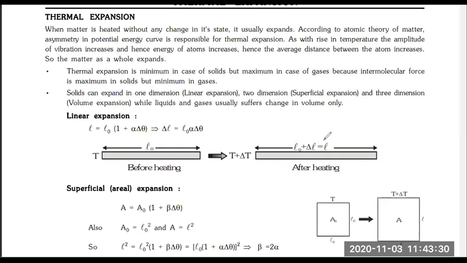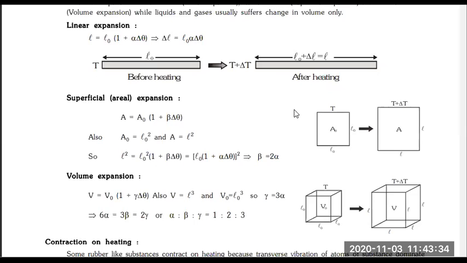Next is superficial or area expansion. When we talk about superficial or area expansion, it is the change in overall area. So ultimately the overall area is length as well as breadth, and both are increased. So area is length into breadth. Let the initial area be L naught square and the final area be L square, or L into breadth.